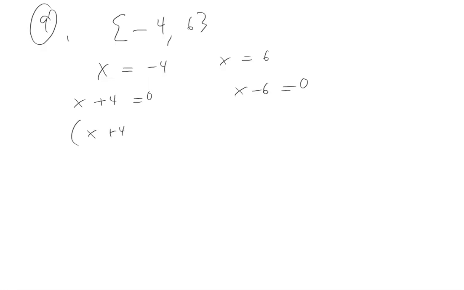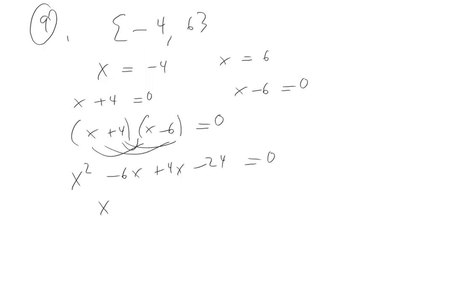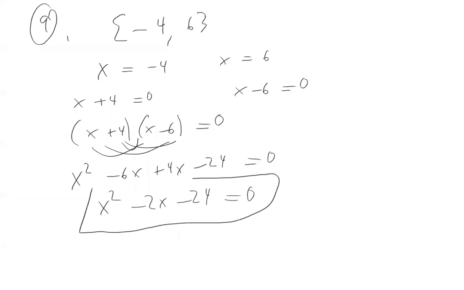So this represents x plus 4 times x minus 6, the two factors together equals 0. And if you multiply this out, it represents x squared minus 6x plus 4x minus 24 equals 0, and that represents x squared minus 2x minus 24 equals 0.